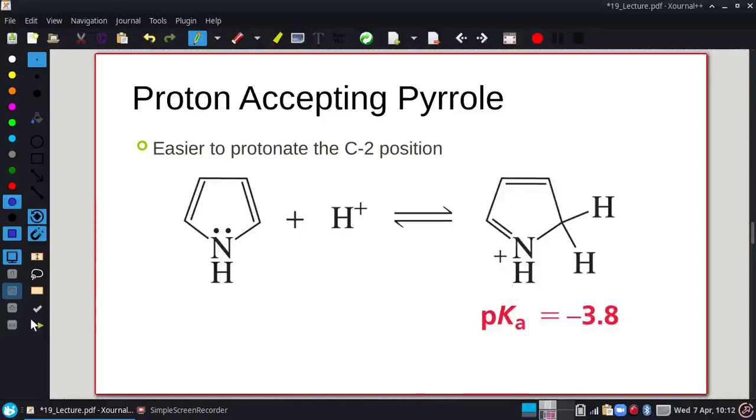The 2 position is a little bit easier to protonate. When it does attack and attach, this one moves up here, that moves there, and the positive does go to the nitrogen. But the nitrogen does hold the positive, we just don't directly protonate the nitrogen, we protonate the 2 position.